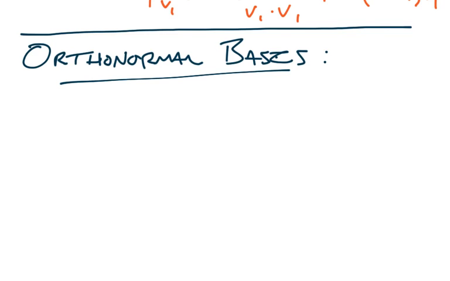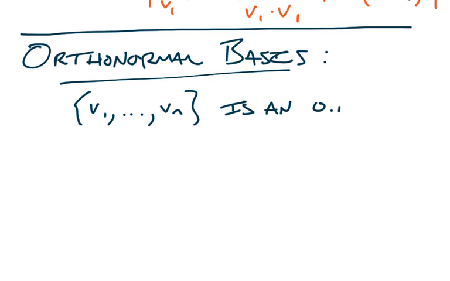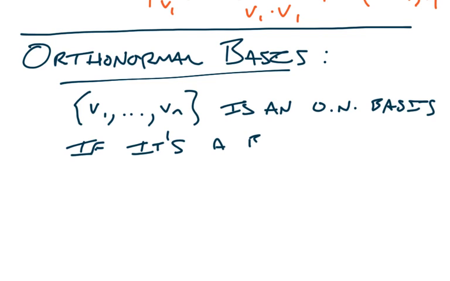So this is a collection v1 through vn. We say it's an orthonormal basis, which I usually abbreviate to ON, if, first of all, it has to be a basis, meaning it spans the entire space and it's linearly independent.